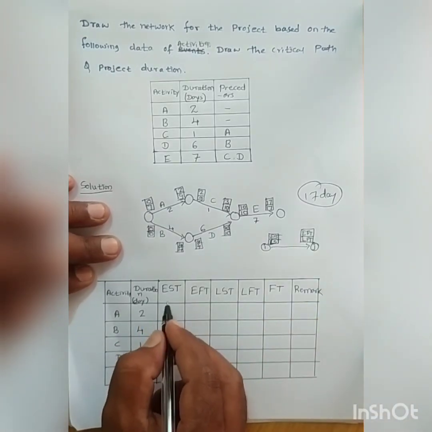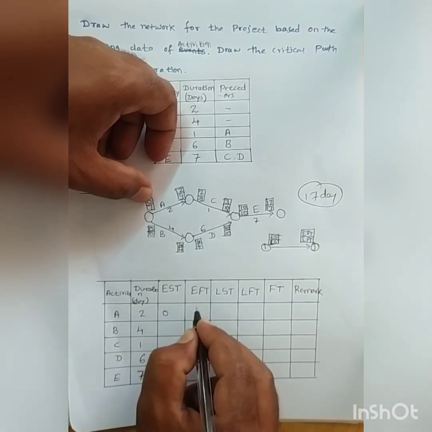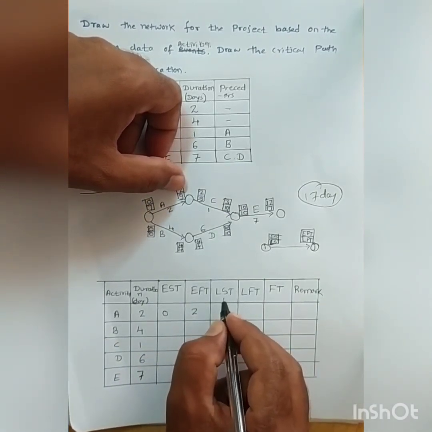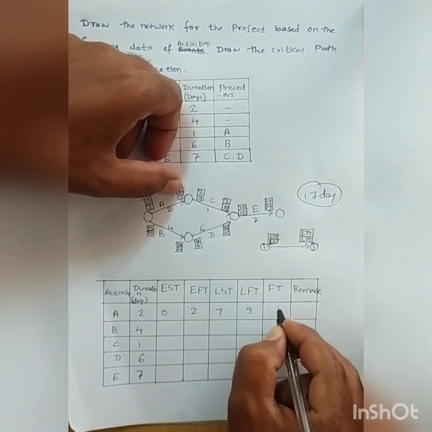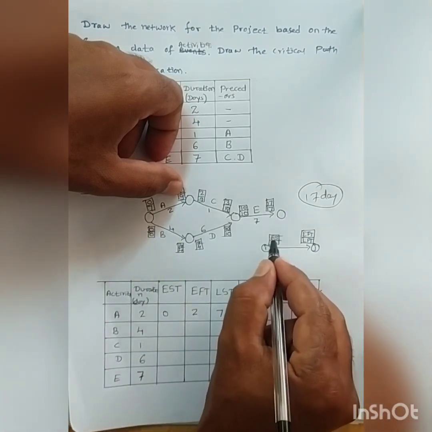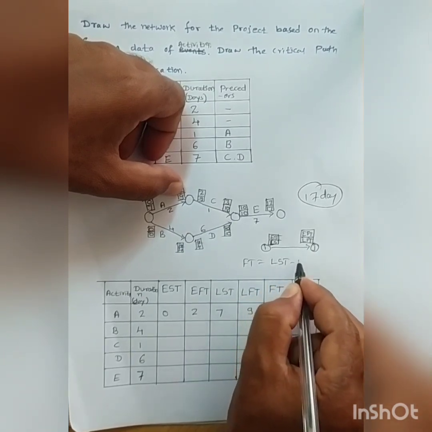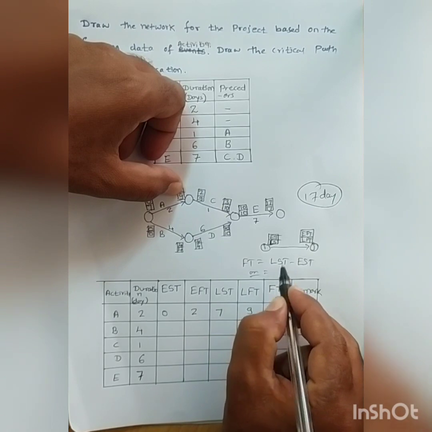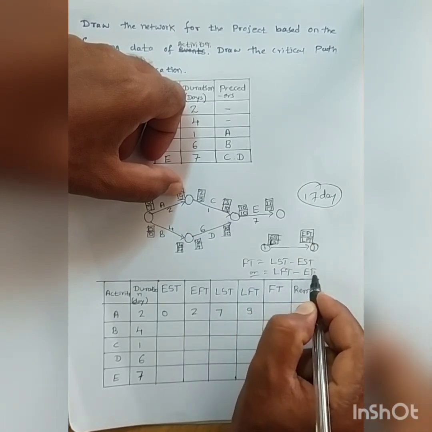The early start time of activity A is 0 and the finish time is 2. The latest start time is 7 and the finish time is 9. The free float is LST minus EST, or LFT minus EFT.